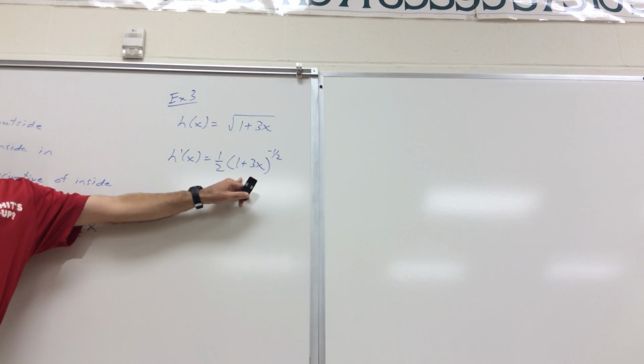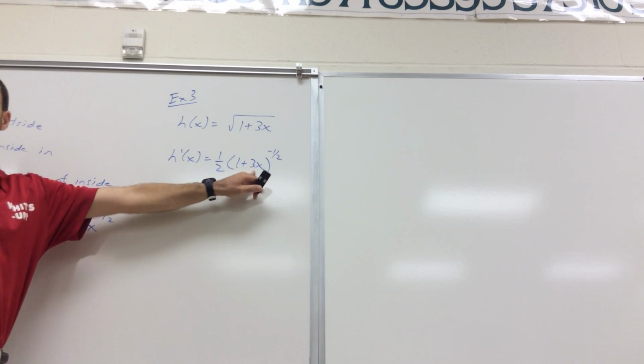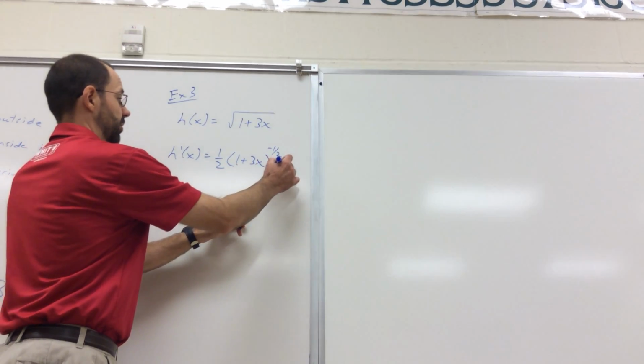So now we're done with step 2. And then the last step is to multiply by the derivative of the inside. So the inside is 1 plus 3x, derivative is 0 plus 3. So you just times by 3.